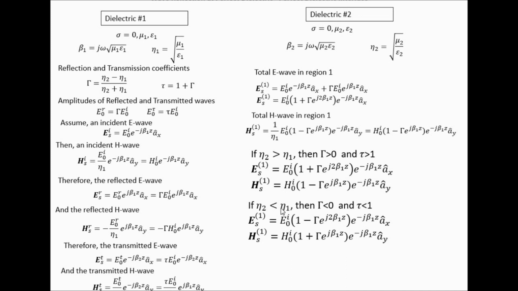But if eta 2 is smaller than eta 1, then gamma will be less than 0 and tau will be less than 1. So you will get negative here and positive here. So be careful here. If the reflection is negative, you will get negative for the E field, but positive for the H field. But if the reflection is positive, you get positive for the E field, but negative for the H field.